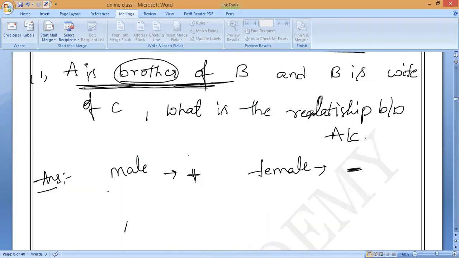For brother, an underscore or horizontal line, correct? A is male, plus, with an underscore or line to B. This is the brother symbol. A is a sibling of B. Any doubt? This is the sign for brother.